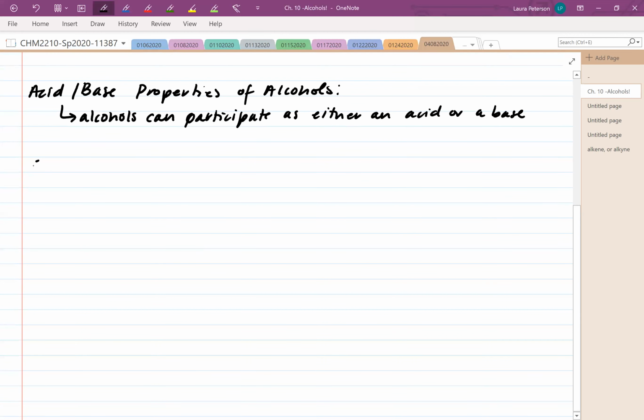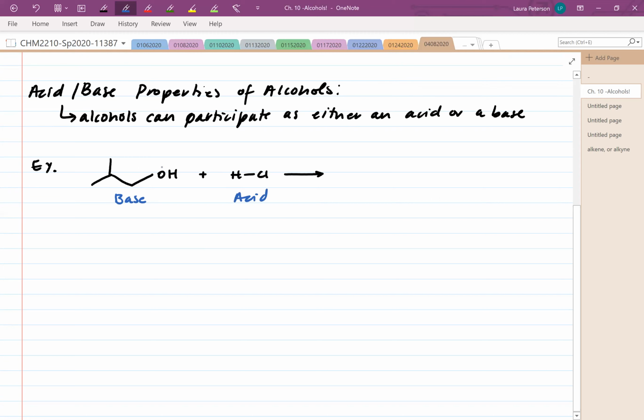Okay, so here's an example. Let's take some alcohol and let's react it with HCl. If we reacted an alcohol with HCl, would the alcohol be the acid or the base? It would be the base, right? Because it's less acidic than our HCl, which is a strong acid.